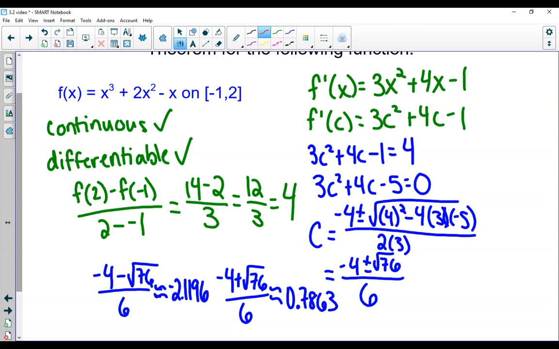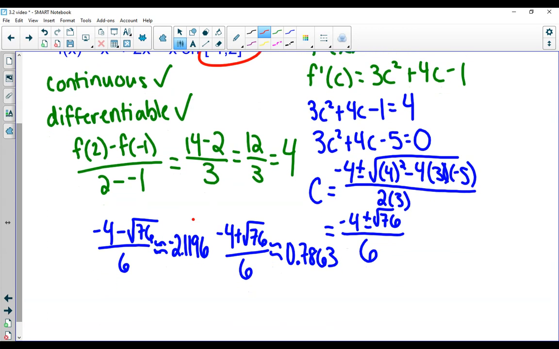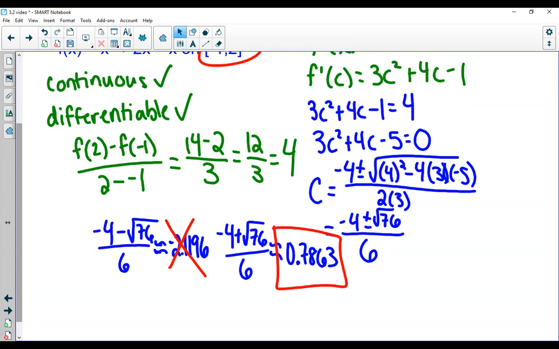If you go back to the beginning, we were on the interval [-1, 2], which means negative 2.1196 is not an answer that applies to this particular problem, but I can use my answer of 0.7863. So again, Rolle's theorem and the mean value theorem are ways to find certain values on intervals. Rolle's theorem is almost like a specific case of the mean value theorem where that secant line has a slope of 0.